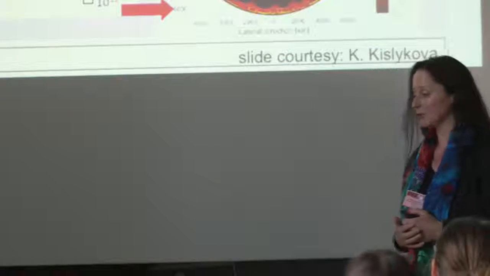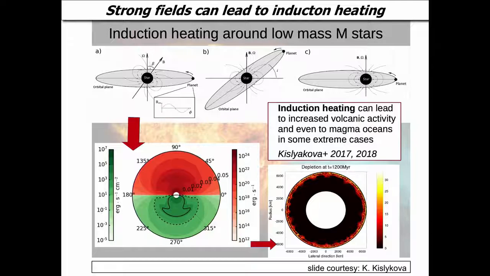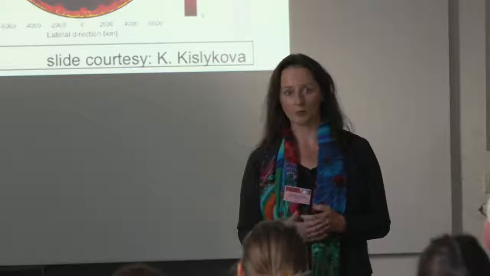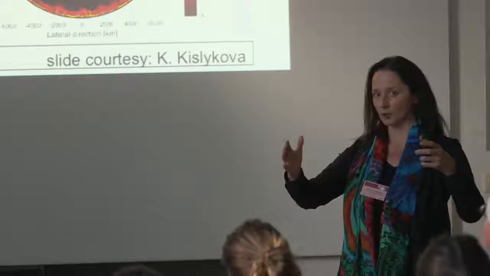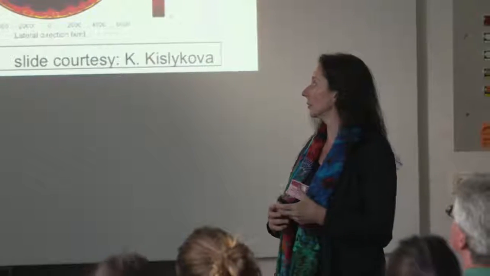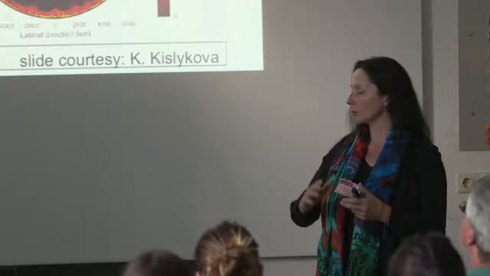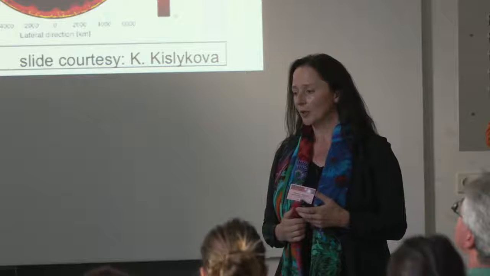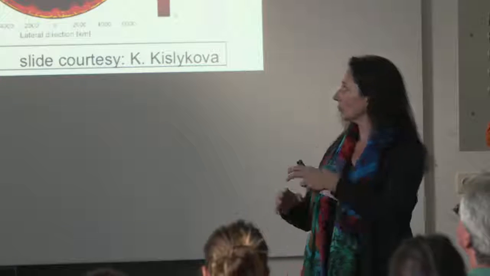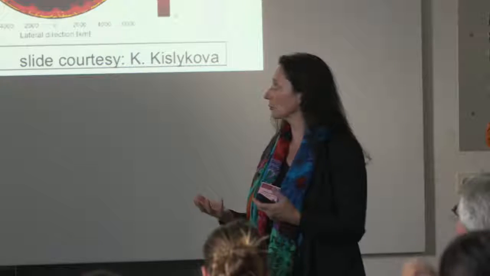Another effect, a very interesting study I wanted to mention, was done by one of the postdocs in our group, Kristina Kislyakova: the strong magnetic fields could also cause induction heating in planets around them. So imagine there is a star with quite a strong magnetic field, simple configuration, and planets surrounding it quite close in the habitable zone, and the planet is then still more or less within the magnetic field of the star.